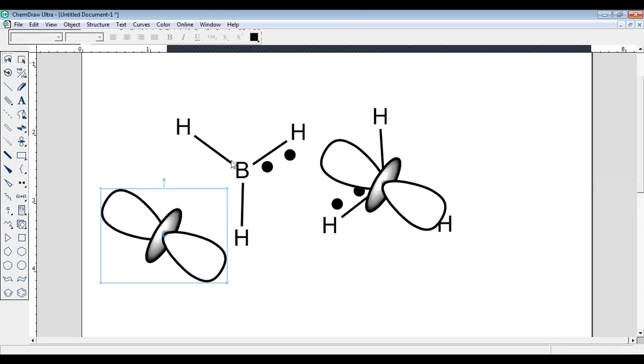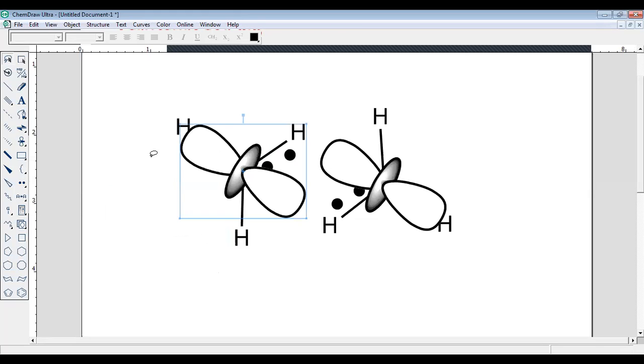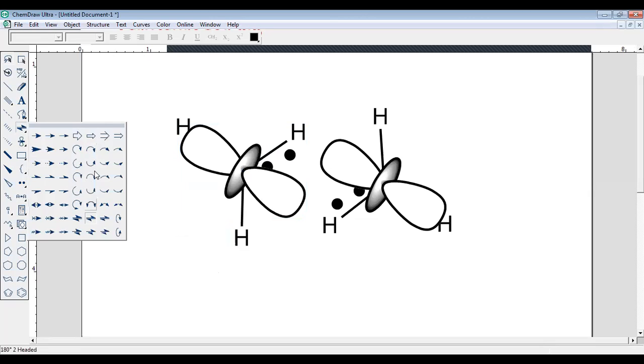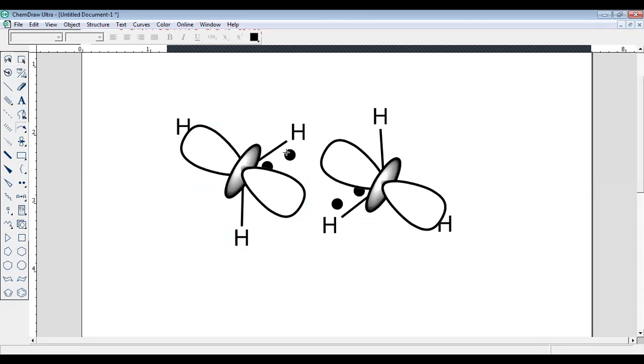But this is a strong Lewis acid. So what will happen? These electrons will be overlapping with this orbital.